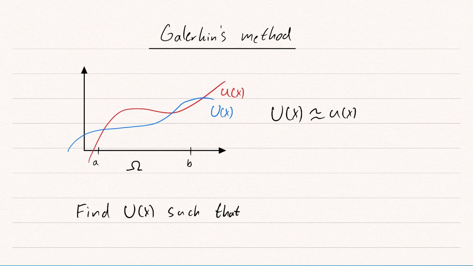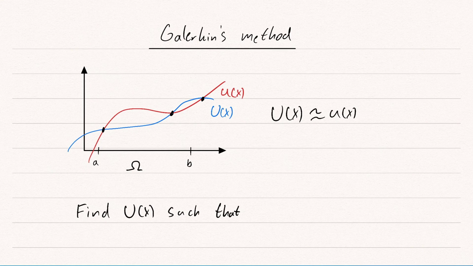and now we have to have a measure. So find u of x such that, how are we going to formulate this so that we get the best approximation? I mean, we could say that we can look at a number of intersection points and have as many of them as possible.